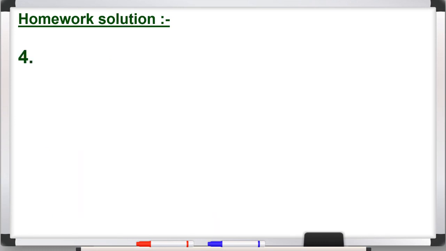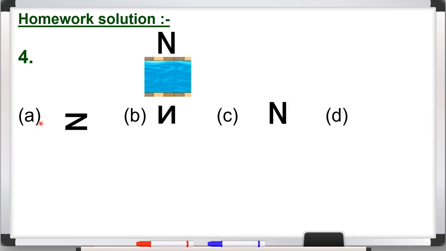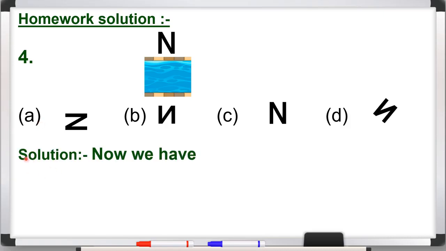Now question number 4. Here it is given alphabet N. Okay, and this is the water. Options are A like this, B like this, C like this, and D like this. Okay, now we will do its solution.